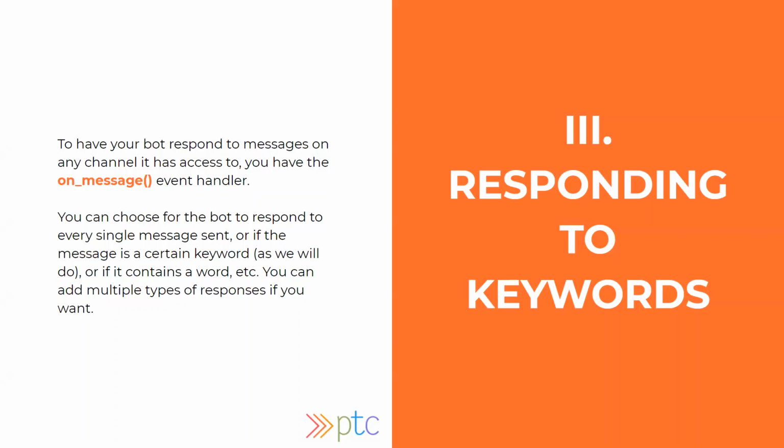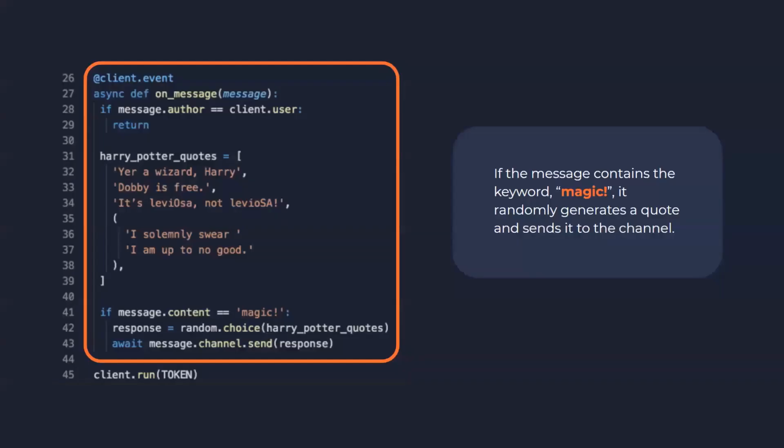Now it's time to make an event handler so that your bot responds to messages if prompted by a specific keyword. Feel free to experiment with this. We'll specifically do a movie/shows and a quotes bot, but you can do other things. To have your bot respond to messages on any channel it has access to, you have the onMessage event handler.